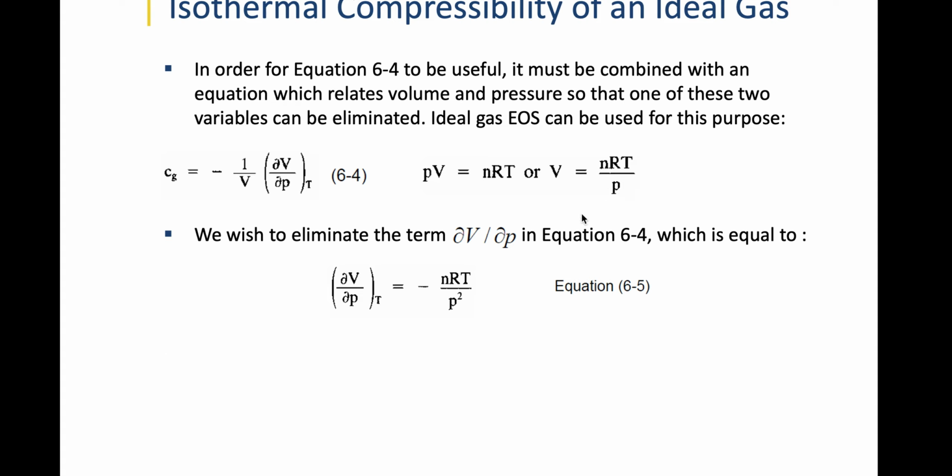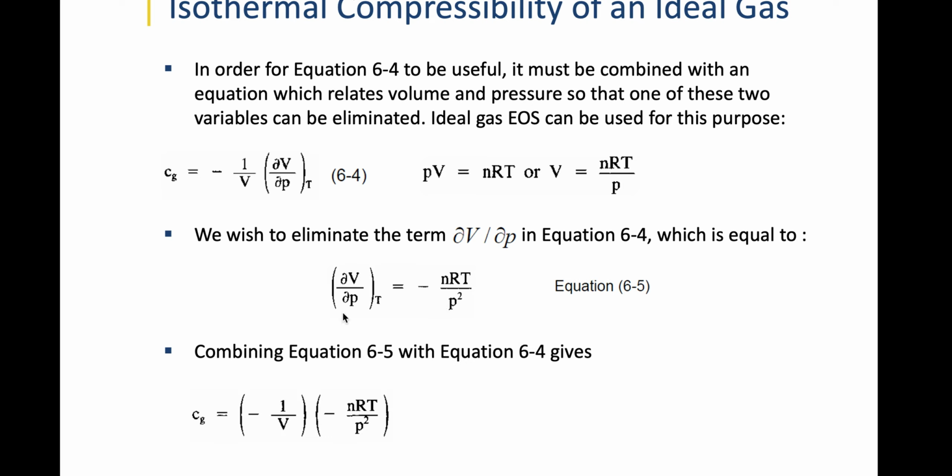So in that case, if I take the derivative dV over dP, RT is constant, so times the derivative of constant times pressure is 0. The derivative of the denominator times the numerator, with a minus sign, becomes minus nRT over denominator squared. So now I have this derivative term calculated. I can replace that into the equation.